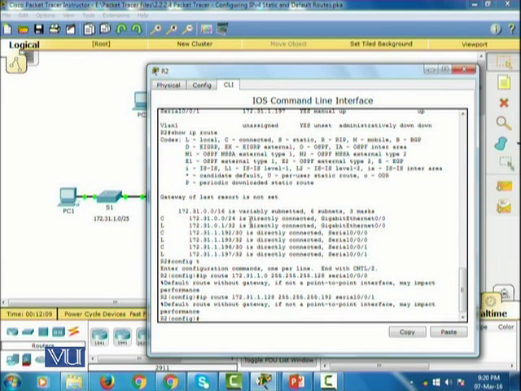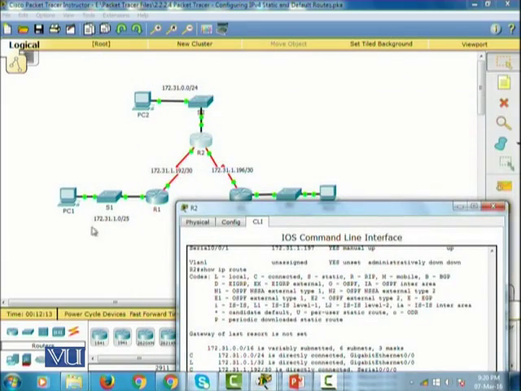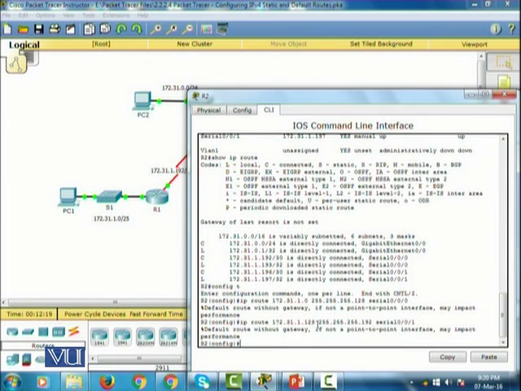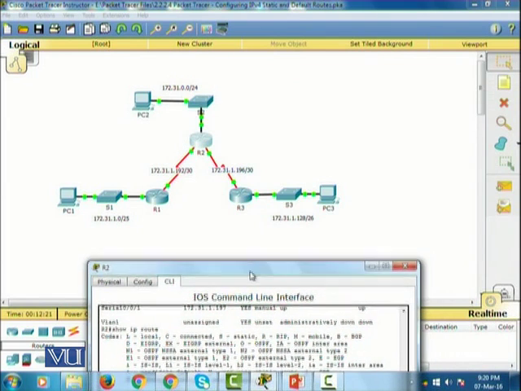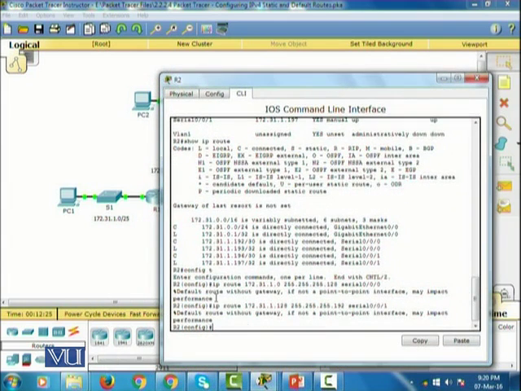And how did I know the networks? R2 is connected to this 172.31.1.0, and the other one is .1.128, which is this network. So I have configured it with directly connected interfaces. In the next activity, which is the continuation of this activity, we will configure router R3 and check the connectivity.